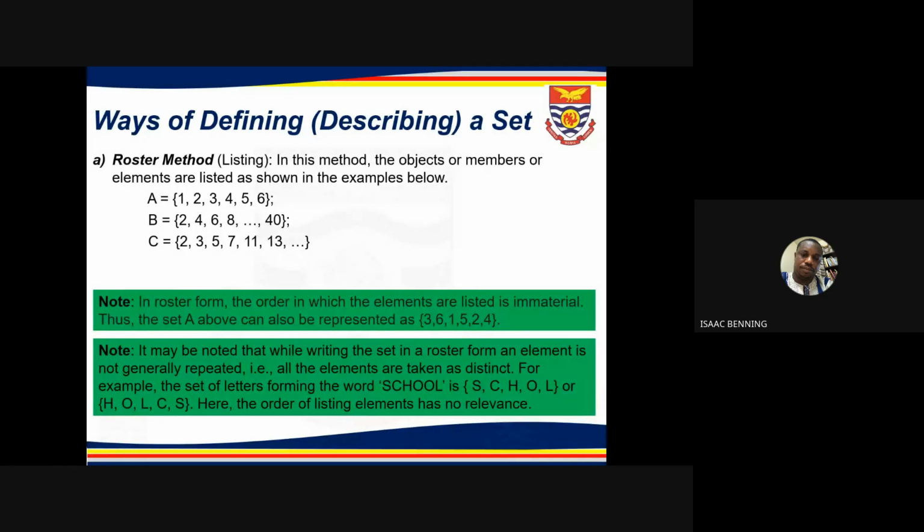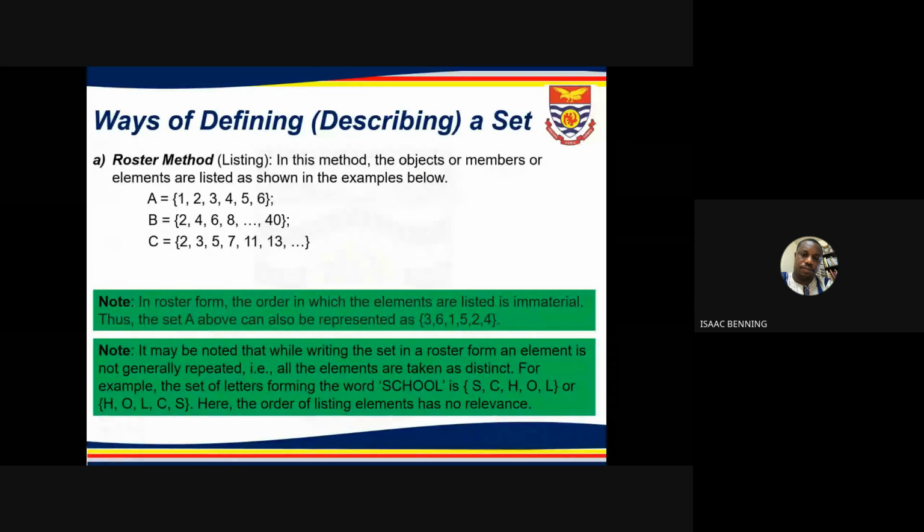So when we take the roster method, also known as listing, in this method, the objects or members or elements are listed as shown below. So we have set A. The members are 1, 2, 3, 4, 5, 6. Set B. The members are 2, 4, 6, 8, up to 40. Set C. The members are 2, 3, 5, 7, 11, 13.